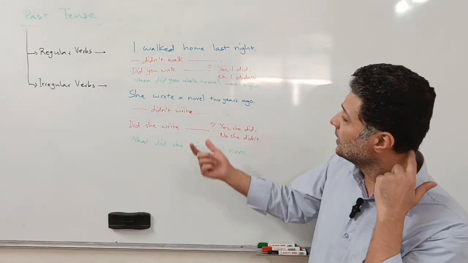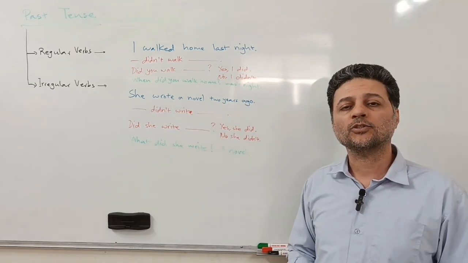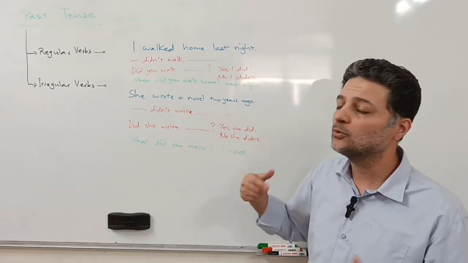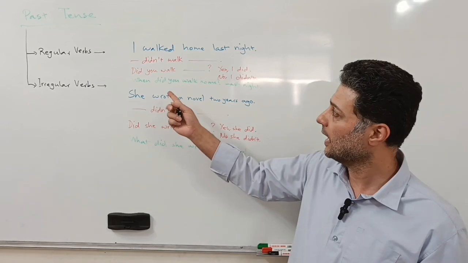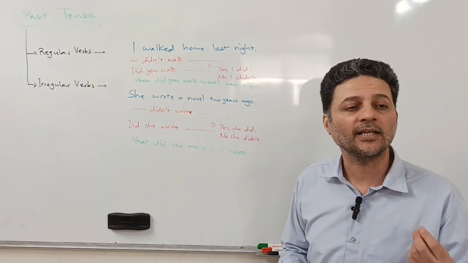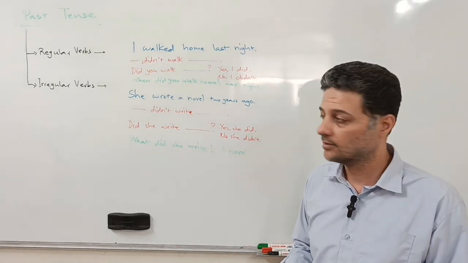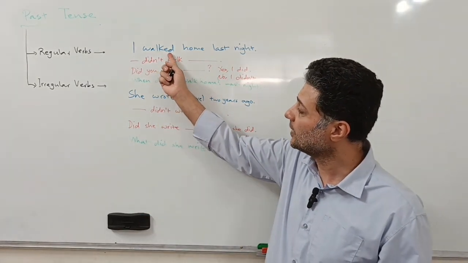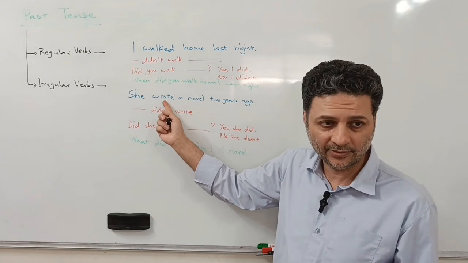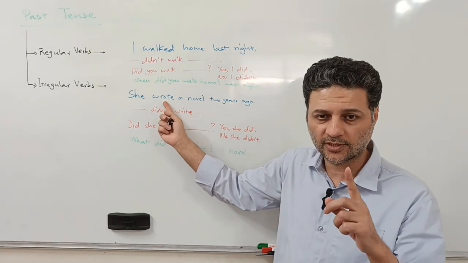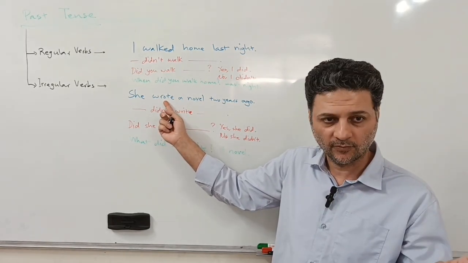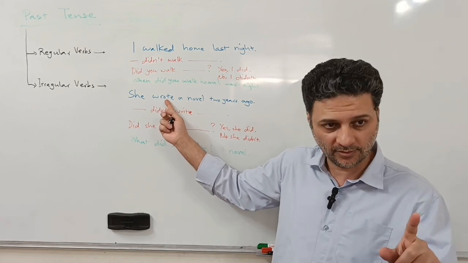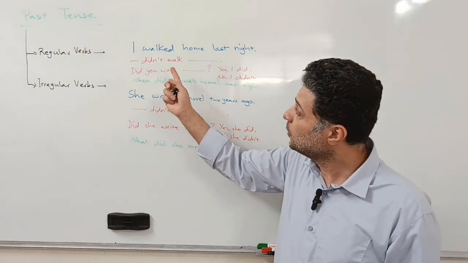Another important point is how do we make a negative structure and a question out of it? Be very careful. Because we end with ed, or here, because it's an irregular verb, we use just the simple past form of the irregular verb, wrote.